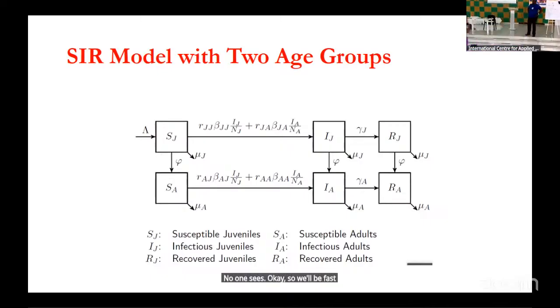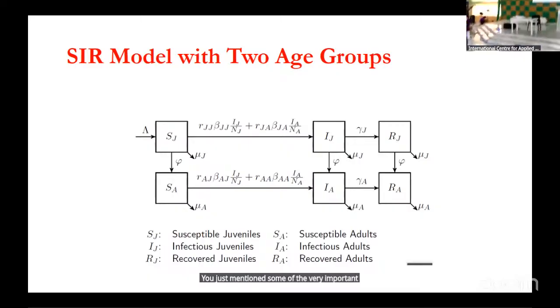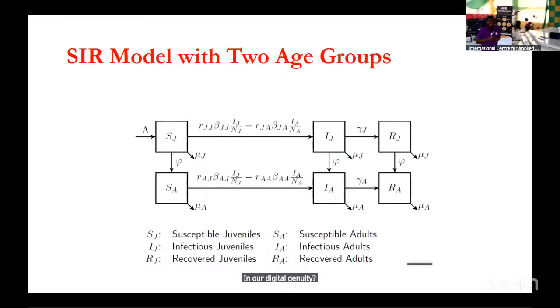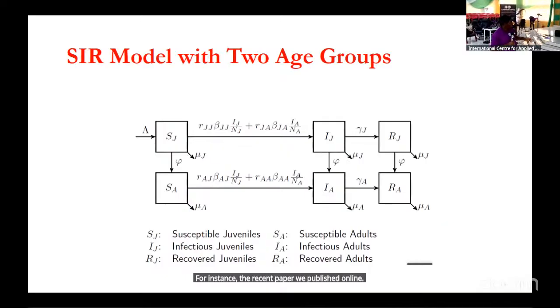My question is this. You just mentioned something very important about the issue of heterogeneity, which I actually saw recently. For instance, in the recent paper we published on malaria in Kelly, when we were trying to assess the effects of LLIN, we saw that the effects of the intervention were very large.